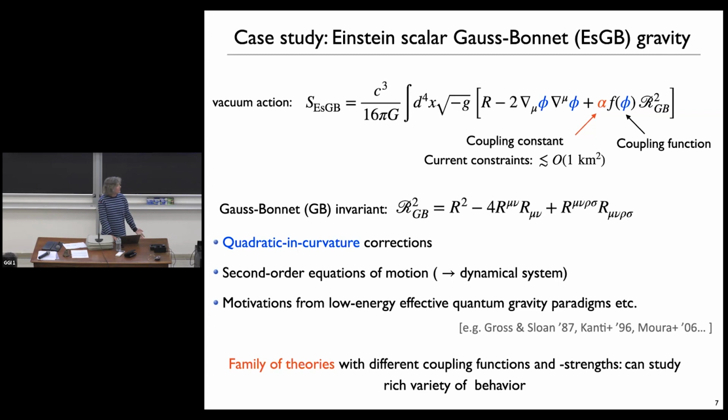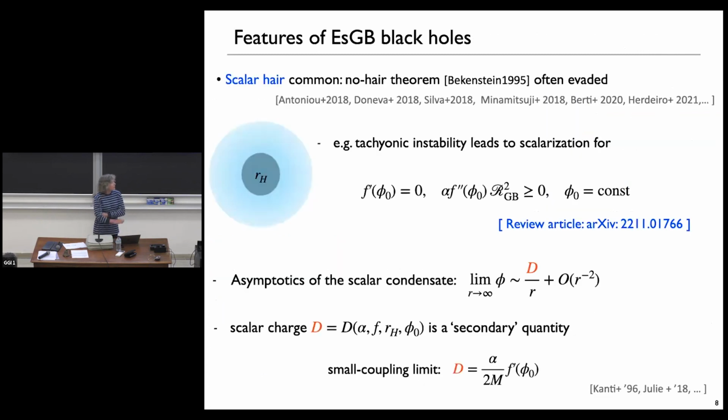So what are now the consequences for black holes in this class of theory? Well, it turns out it is common for black holes to have scalar hair. So you can evade the no-hair theorem proposed by Bekenstein in 1995 for many cases, depending, of course, on the choice of coupling function you make and also the choice of black hole you try to consider.